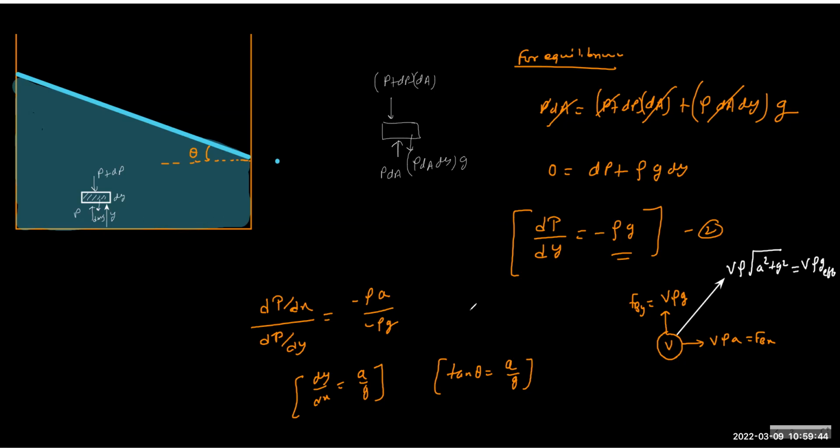Again, we can do it by the pseudo force concept. If you choose any point P here, it will have two forces acting: one is gravity, the other is the pseudo force. The resultant force on this particle will always be at right angle to the free surface.